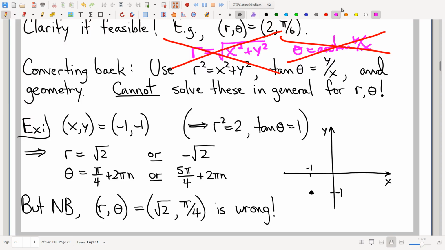If you were to write down what these purple formulas say in regards to this point, (-1, -1), right? Well, the square root of x squared plus y squared is square root of 2. The arctan of y over x is pi over 4.